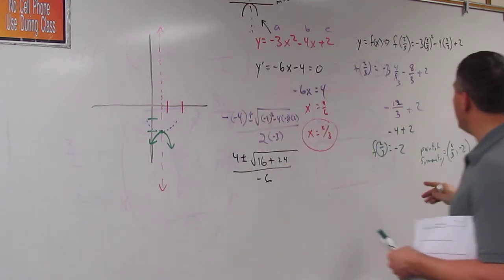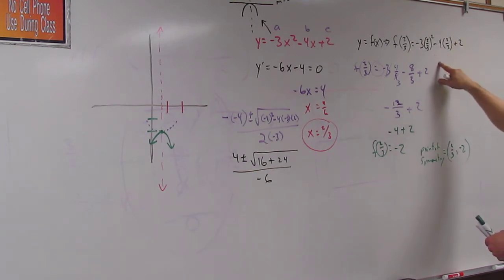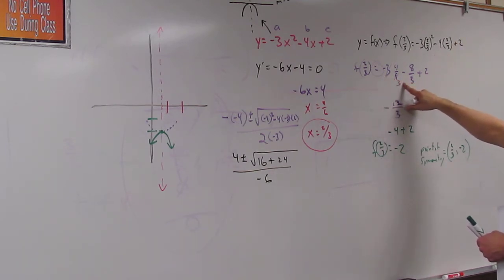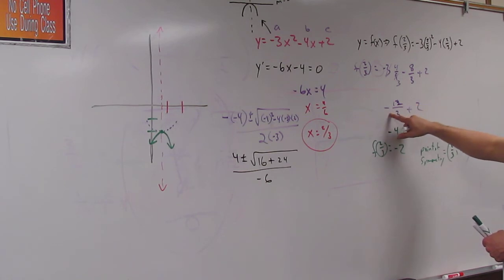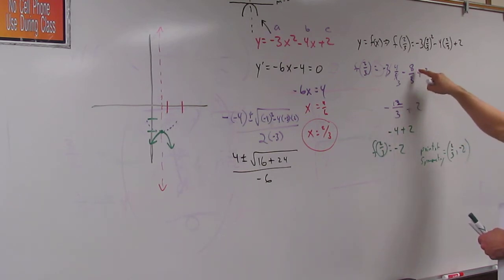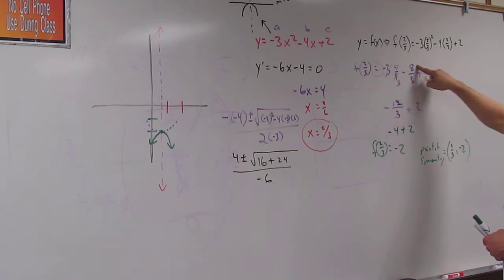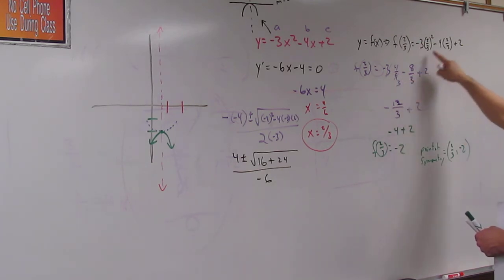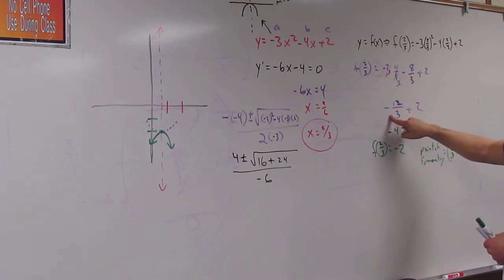What did I do wrong here? That's right. Negative 4. Negative 4. No, that's 3 over 4. That's minus. That's 8 over 3. So that's more minus.